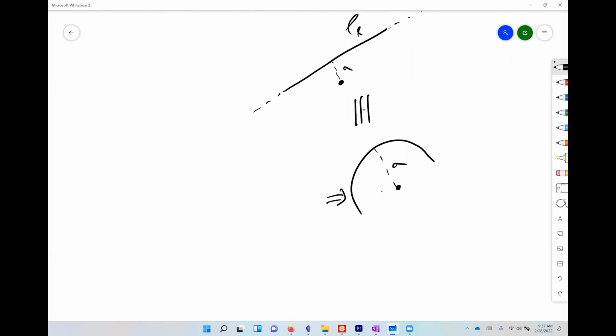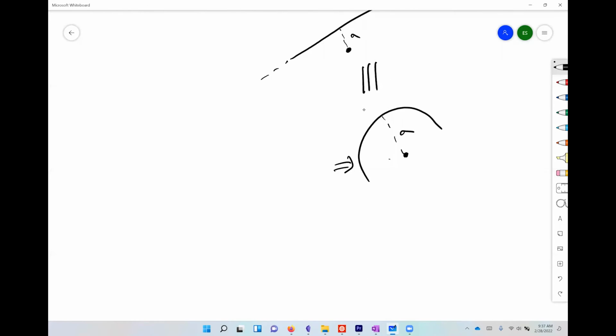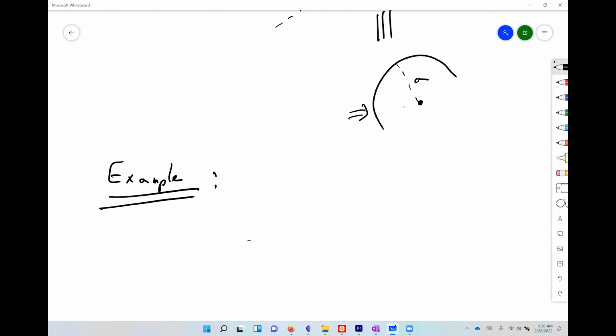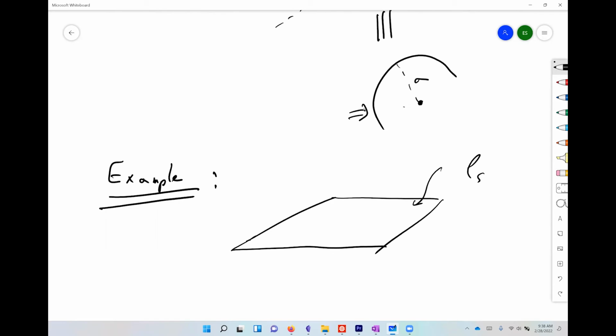All right, so, an example of a surface charge distribution. What if you have a sheet with a charge distribution rho S, and someone asks you, what's the field at the center?